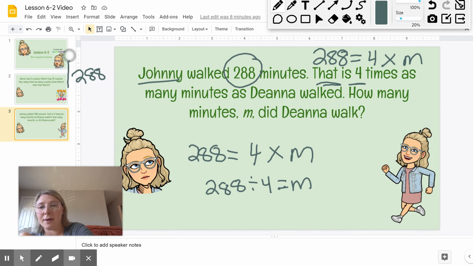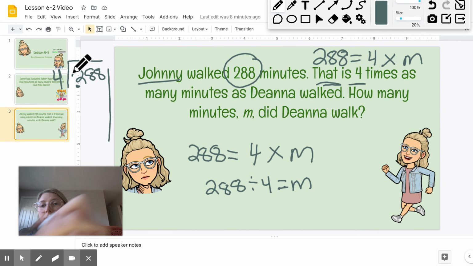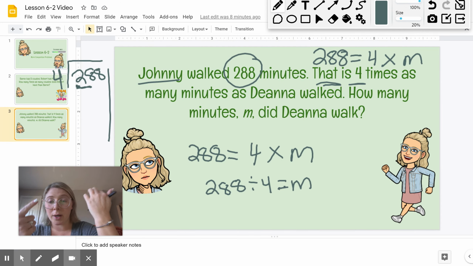288 divided by 4. So let's think. I can't do 4 times something to get 200s, but I could do 4 times something to get me close to 280s. So let's think of my multiples of 4. 4, 8, 12, 16, 20, 24, 28.